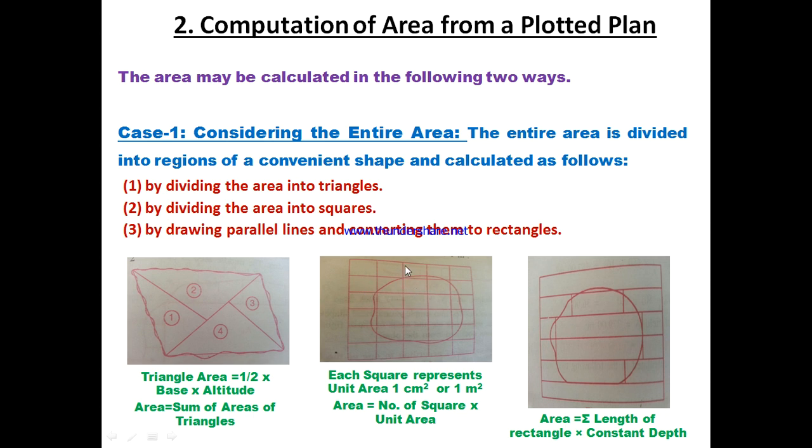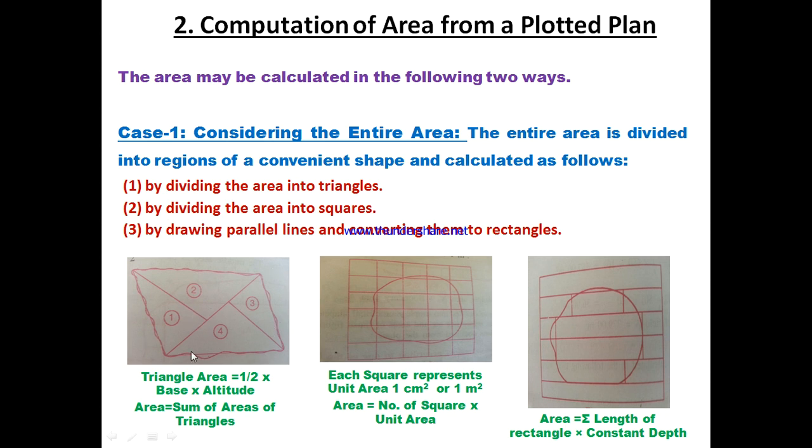So with the help of these grids I can count that 1, 2, 3, 4, 5, 6, 7 grids are complete. So the area of 7 grids is the area of one grid into 7. Then the grids in which the boundary has some portion will be calculated by the 4 methods which I have told in the previous slide.